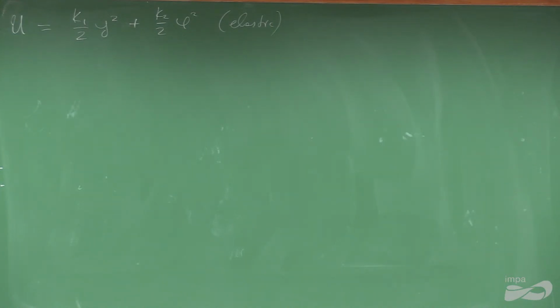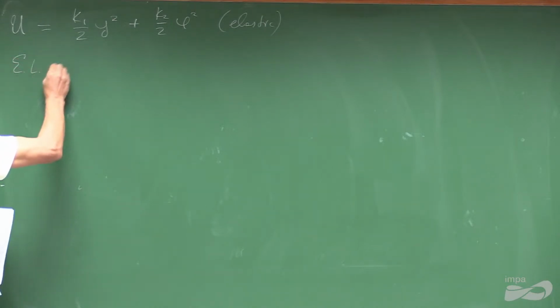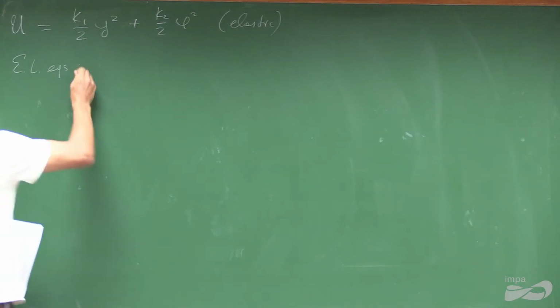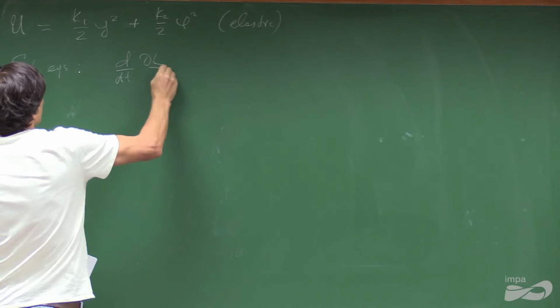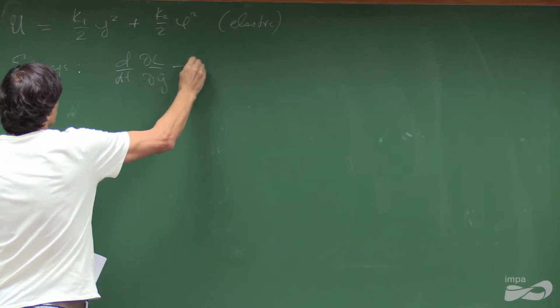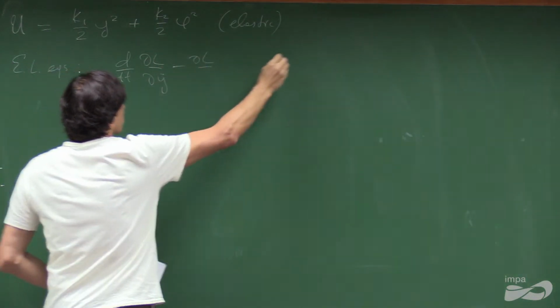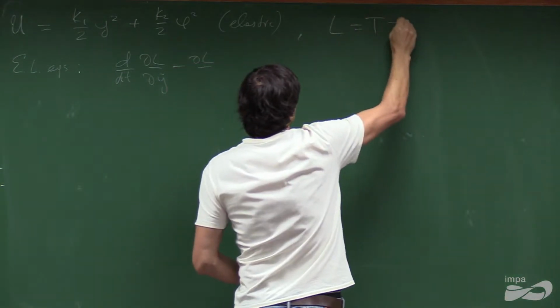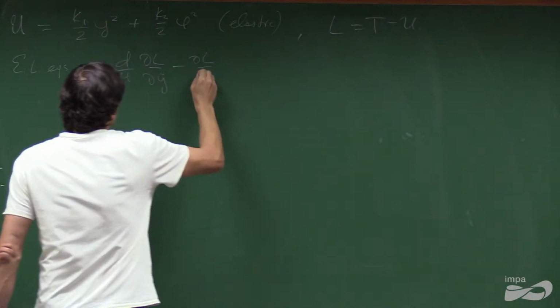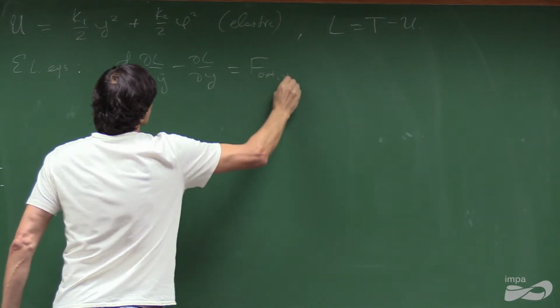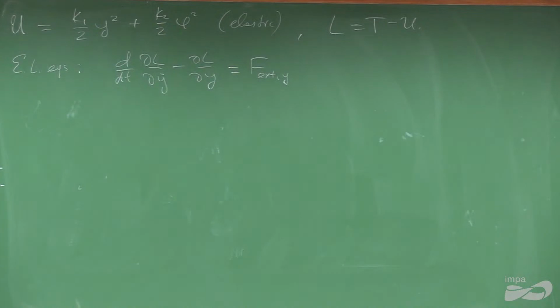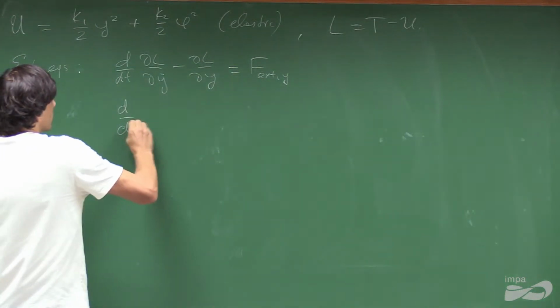So now we will write the Euler-Lagrange equations. The first will be d/dt of dL/d y dot minus dL/dy equals the external force for y, where L is T minus U, as usual. And then the same for the angle.